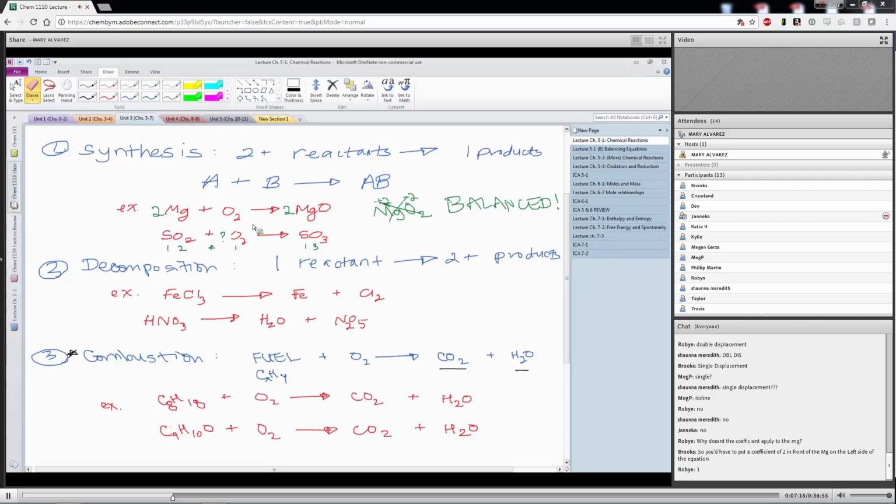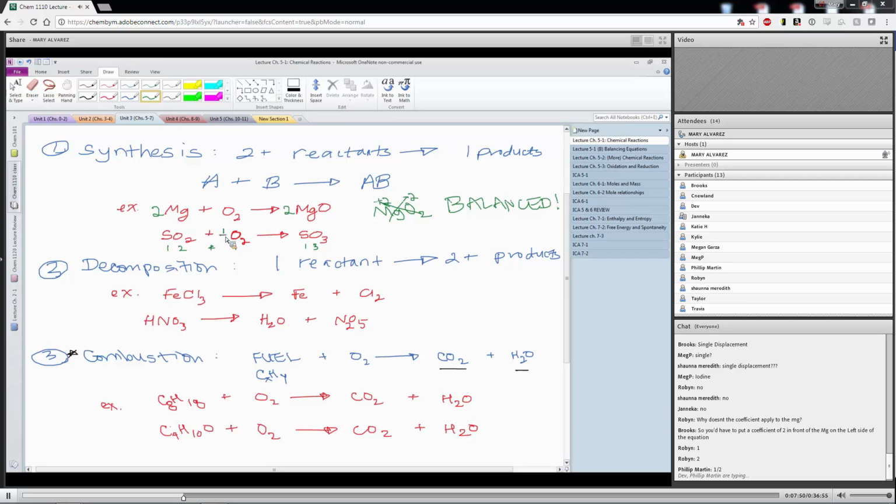That does give me a little bit of a problem because, as it turns out, these come in pairs. What would I put in front of that? What kind of a coefficient would give me only 1 oxygen atom? Or in other words, what times 2 equals 1? Philip's exactly right.